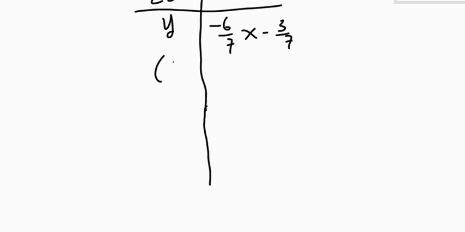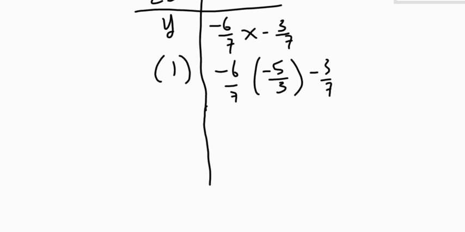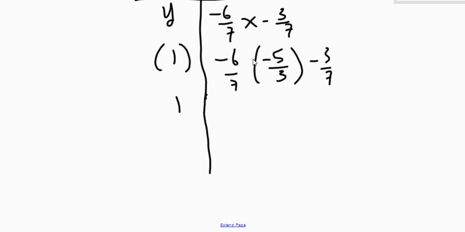So y was 1. That was easy. And x was negative 5 over 3. So on the left, 1. And then I have a bunch of lovely stuff to do over here. So negative 6 times negative 5 is 30. So I get 30 over 21 minus 3 over 7.